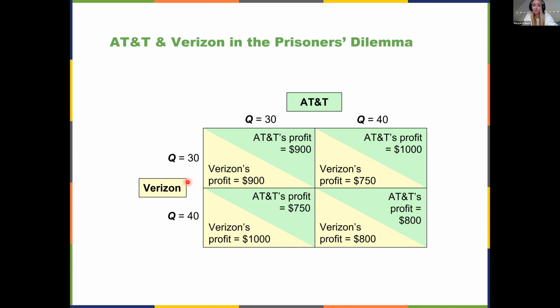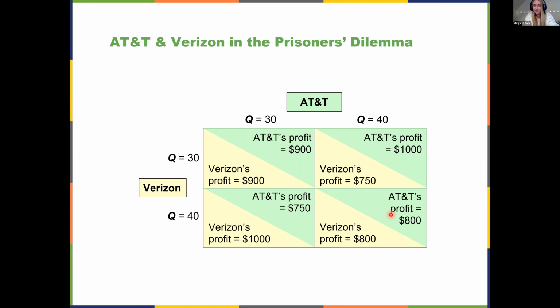And the same thing with Verizon. Verizon could also decide to cheat. And what happens to AT&T's profits? Well, if AT&T stuck to the agreement and Verizon cheated, AT&T would get undercut and walk away with $750. But if AT&T also decides to cheat, they could at least walk away with $800 in that case.